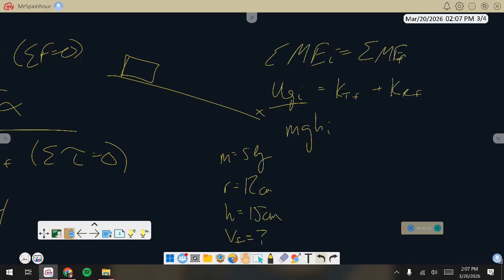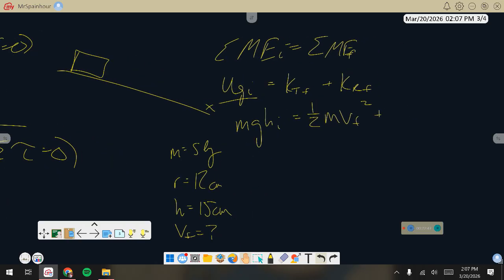What's the equation for translational? 1/2 m v final squared. Plus, what's my equation for rotational? 1/2 I omega squared. Now, I have a lot of the variables up here already. I'm looking for this one. Obviously, these variables over here get a little bit wonky.